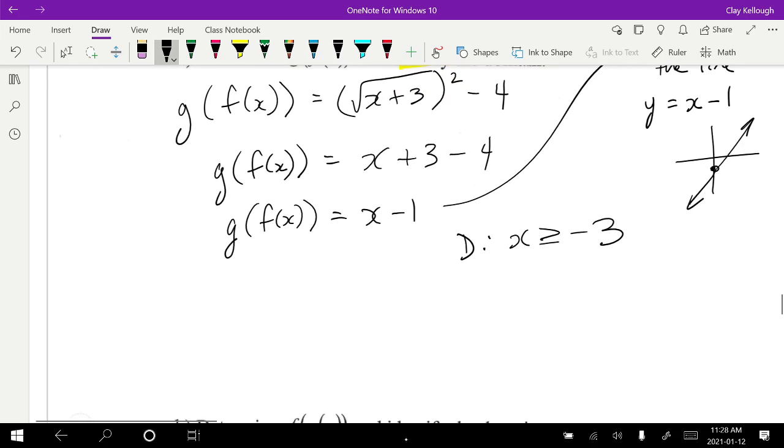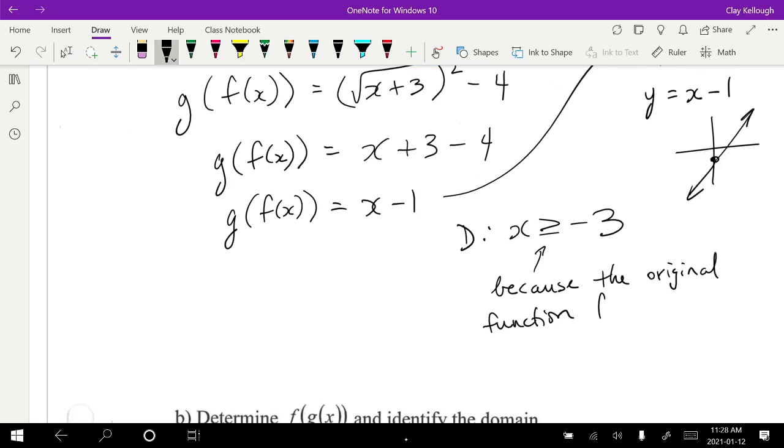Because the original function, f of x, has this restriction on its domain.